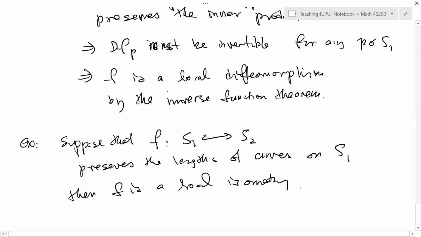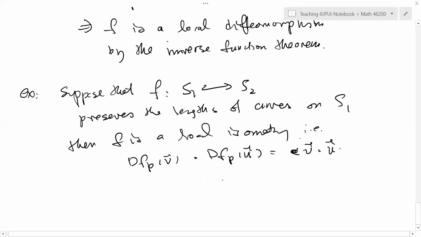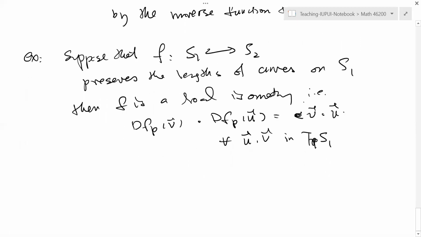That means it preserves tangent vectors, i.e., DFP preserves the inner product by my definition, for any u, v in the tangent plane. That's the inner product, the dot product.